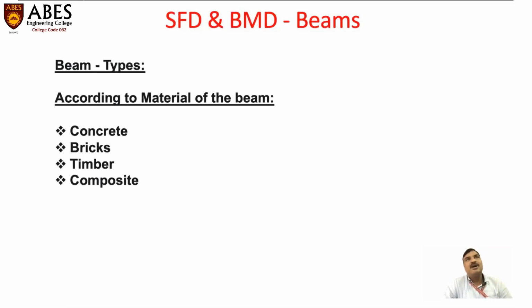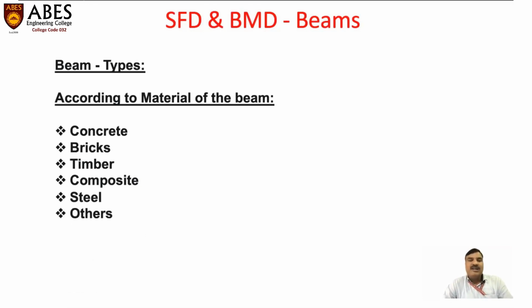In these, there is timber, I mean wood, of rectangular shape, and it is fortified at the ends with the help of some steel, and that type of beam we call a composite beam.